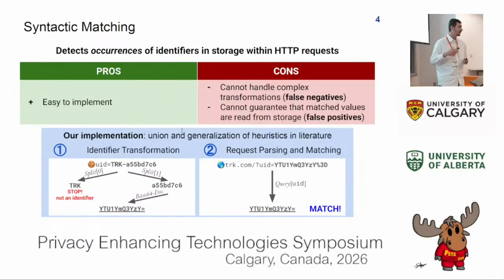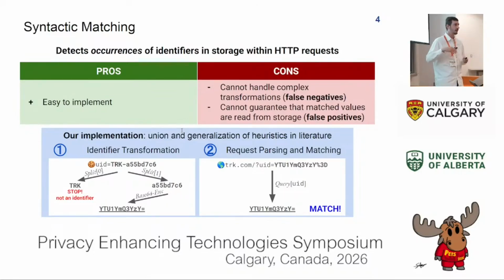We consider a representative implementation of syntactic matching, which is a union and generalization of existing heuristics from the literature. It works in two steps. First, starting from identifiers detected within the client-side storage, we recursively apply some transformations in order to generate other identifiers.